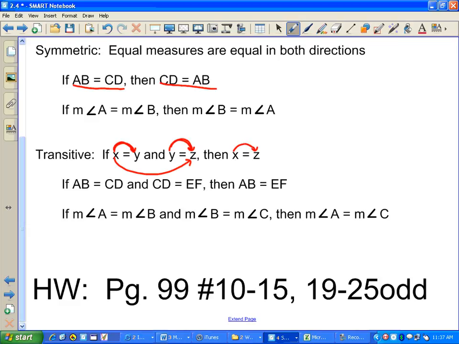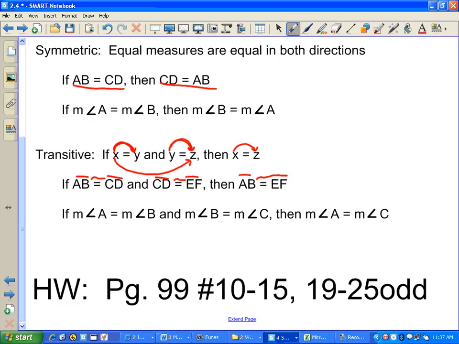That's transitive. And again, this works with equals or congruent. So I can say I have equal segments. The length of AB goes to CD, CD goes to EF, so AB goes to EF. Or I can say if I have congruent statements, I can use transitive there too. This is congruent to that, CD is congruent to that, AB is congruent to EF.